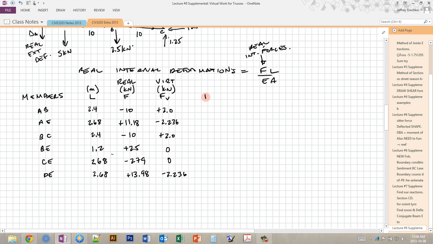So this is going to be FV times FL: the virtual internal forces times the real internal loads times the length. Later I'm going to divide this whole thing by EA so that this turns into deformations. So what this column really is, is virtual work interior times EA, because later I'm going to have to divide it by EA to get the deformations. Okay, and this is also in kilonewtons squared times meters is the units.